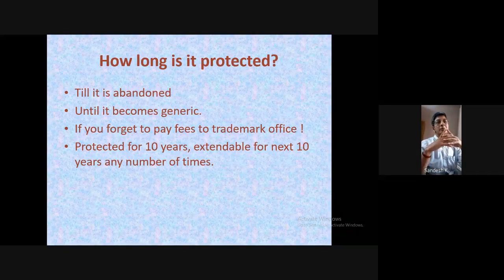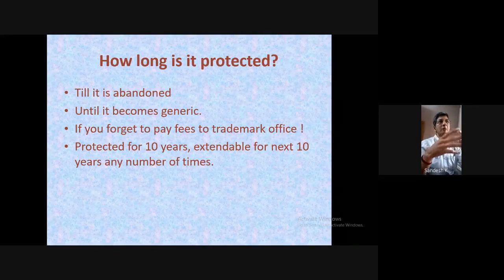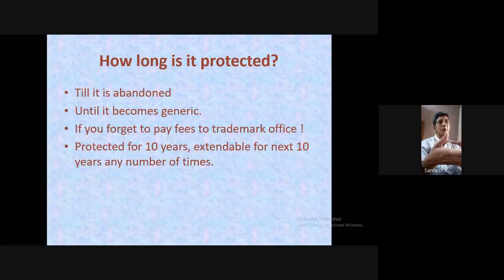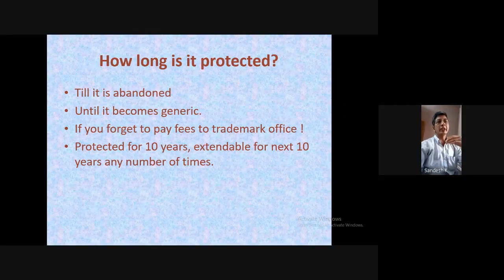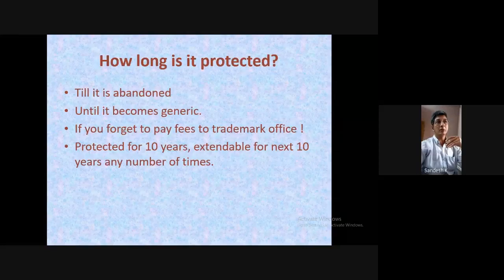Sometimes people start using a name as an alternate or a synonym. Say Xerox was a company, and the name Xerox was the trademark of the company. People started using the word Xerox as a synonym for photocopying. We do not say get me a photocopy; we just say give me a Xerox.